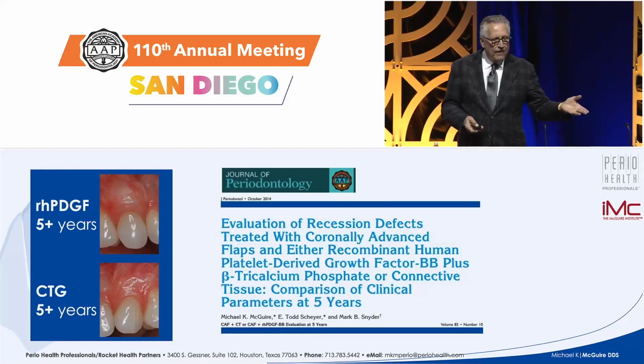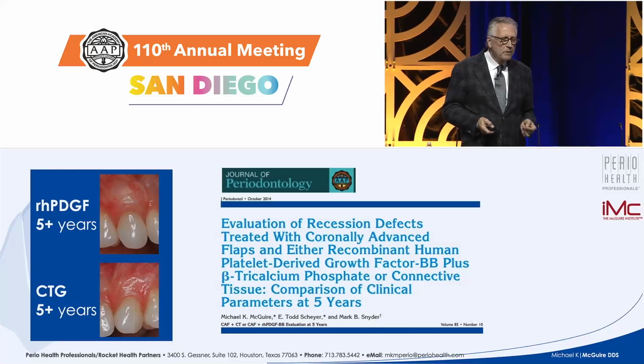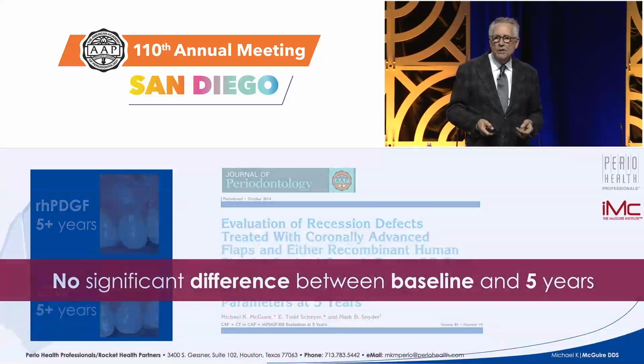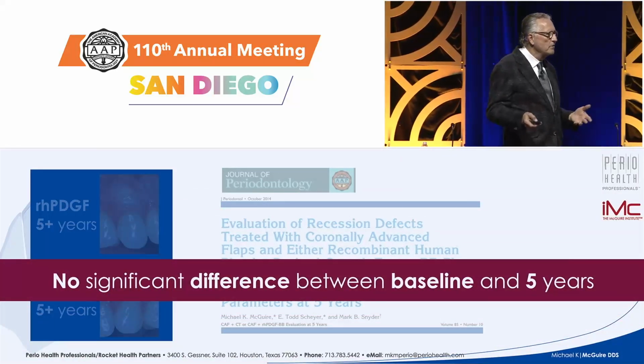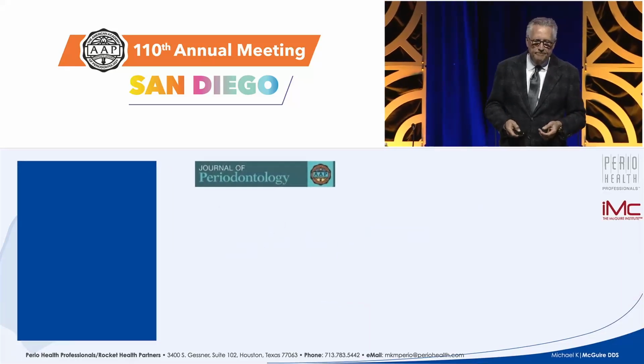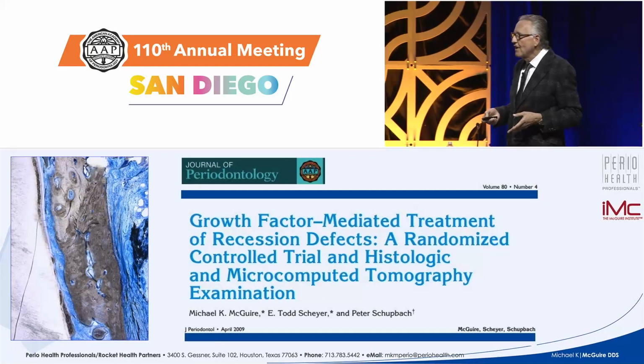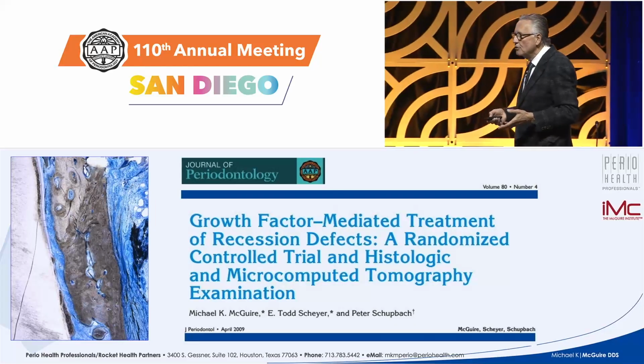And here at 5 years, the same 5-year pictures of the same patient I showed you at 6 months, everything appears to be holding up good, and if we look at it statistically, no difference between baseline and 5 years. Everything is doing very well. Again, this is a growth factor, so what kind of value add do we get?